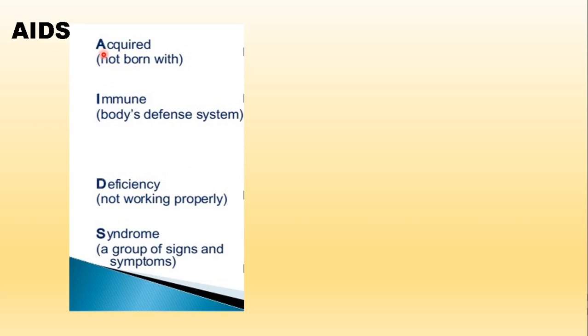So the signs and symptoms of AIDS, mainly of course the malfunctioning acquired immune system, but due to that the symptoms will be a group of different signs and symptoms which we usually see when we are infected by some pathogens.